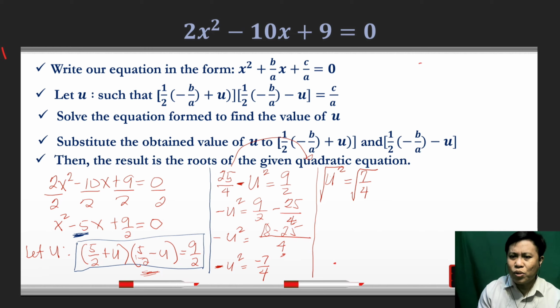The square root of u squared is u equals the square root of 7 over 4. 7 is not a perfect square, so it stays under the square root sign. But 4 is a perfect square, so we have to extract the root. That's positive 2. So in other words, the value of u is positive square root of 7 over 2 and negative square root of 7 over 2.